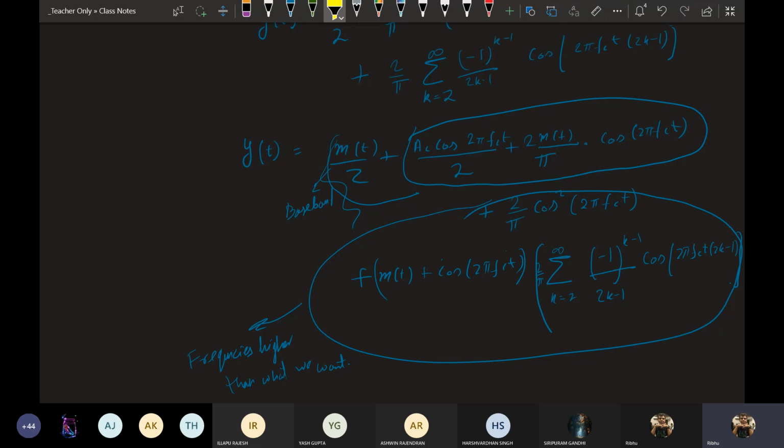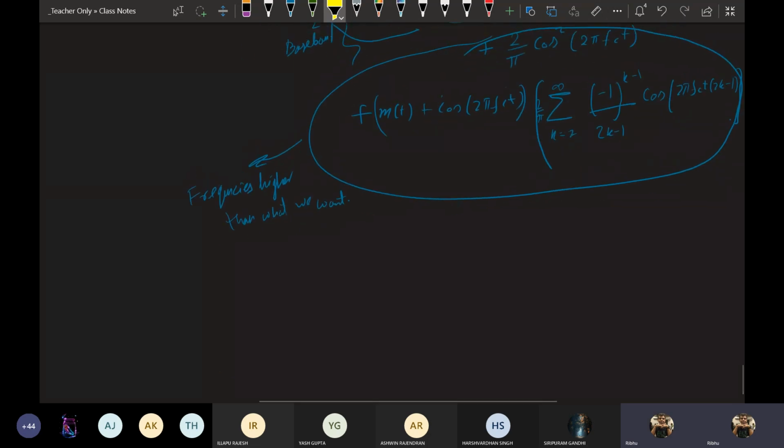So what do we apply over here? The frequency is either too high or too low. So how do we get the kind of frequencies that we desire? Band pass filter. We pass this through a band pass filter.